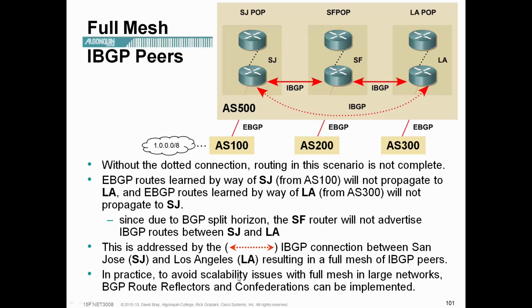Therefore, in practice, to avoid the scalability issues with full mesh connections, in large networks BGP route reflectors and confederations will be implemented instead of the full mesh idea. That is outside the scope of this course, but I mention it to ensure you understand that as the size of the network scales, there are other methods that will help you out. And you can look that up and research that as need be.